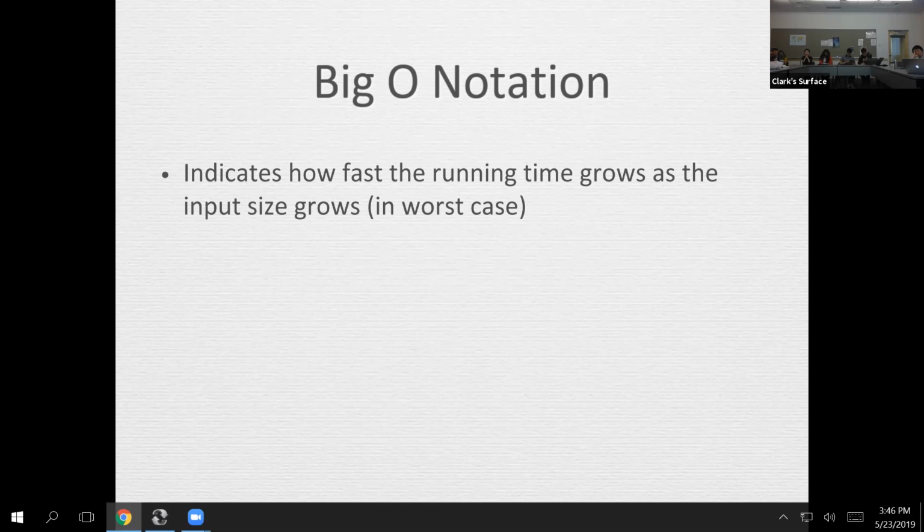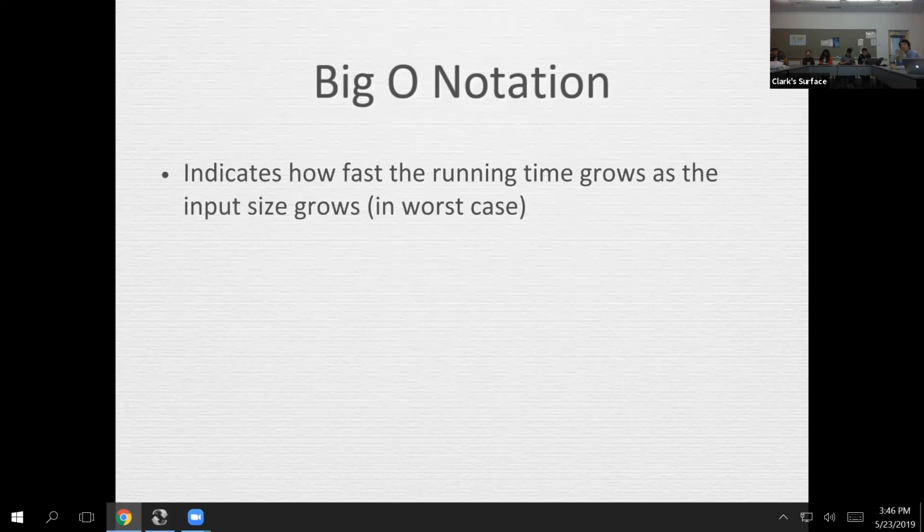It means if you have an input of n and it grows at a rate, and your algorithm runs slower than another algorithm, it will have a bigger big O notation function that shows it runs slower.